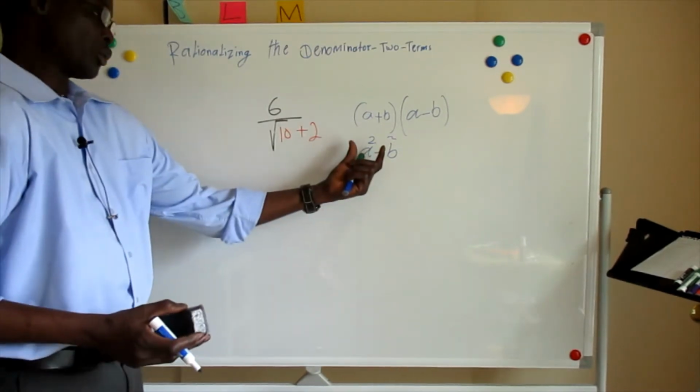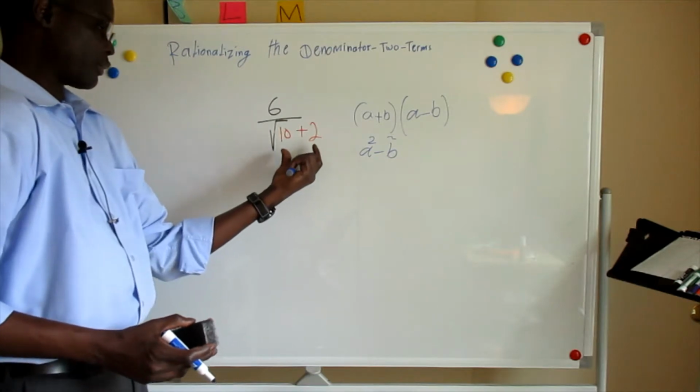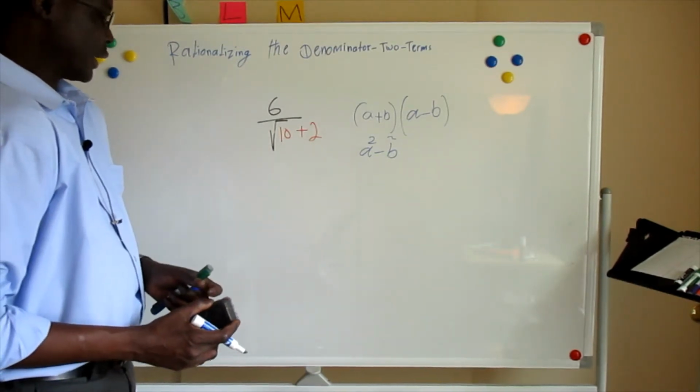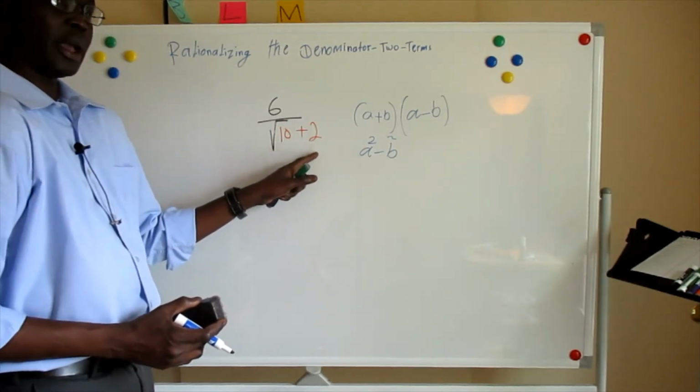The reason we're using this one is that we're trying to simplify the base, root 10 plus 2, in a simple way.